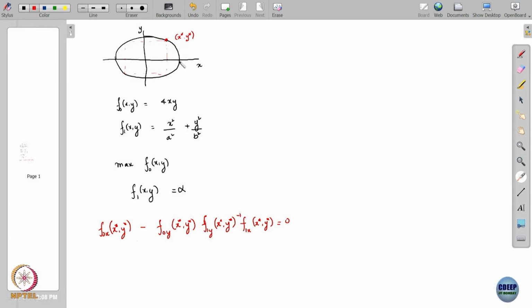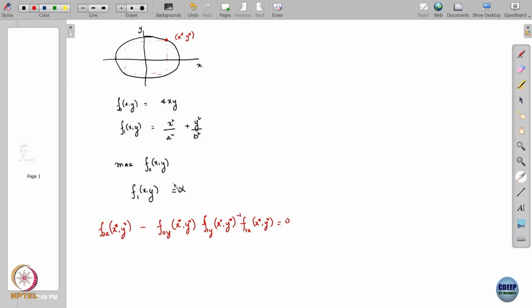So, the mathematical problem we posed was we have f0 of x comma y, which was the area of a rectangle whose corner point here is say x comma y. That you can see can be given by 4xy, and x comma y should lie on this ellipse.